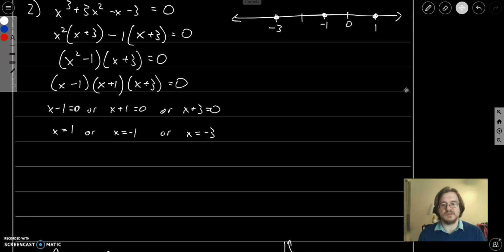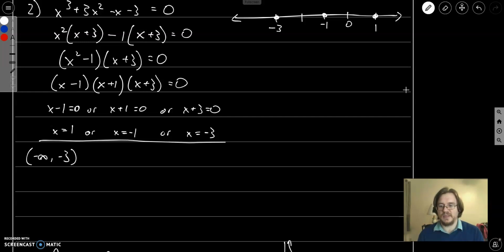So let's split these regions up. We have the region to the left of negative 3. We have the region in between negative 3 and negative 1. We have the region between negative 1 and 1. And we have the region to the right of 1. So we'll pick a test value from each one.